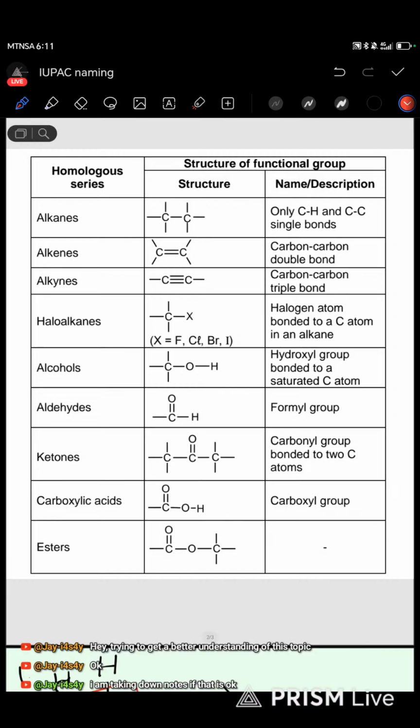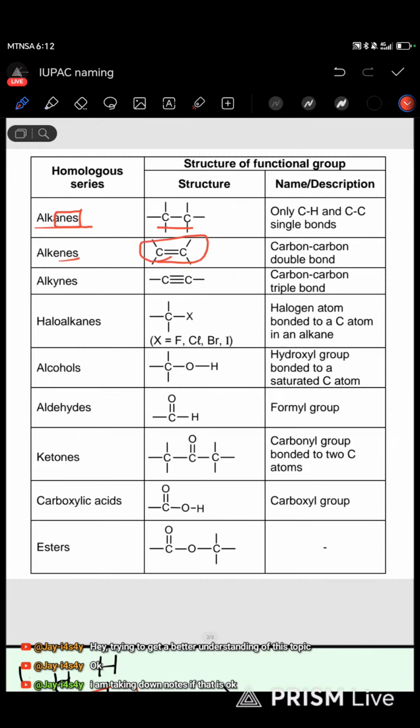So alkanes are the ones that have single bonds. When we are naming alkanes, the name will end with ane. And then we have alkenes. Alkenes have double bonds.